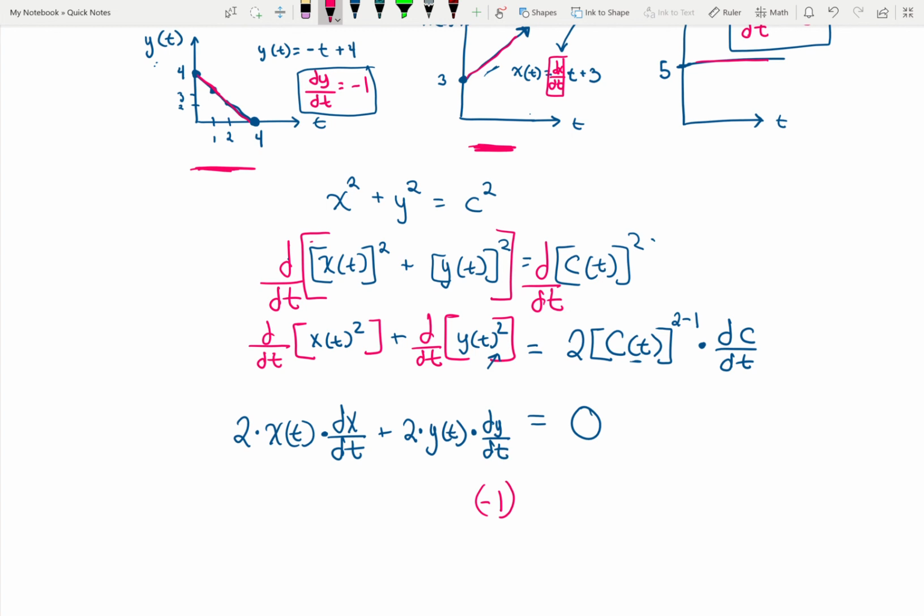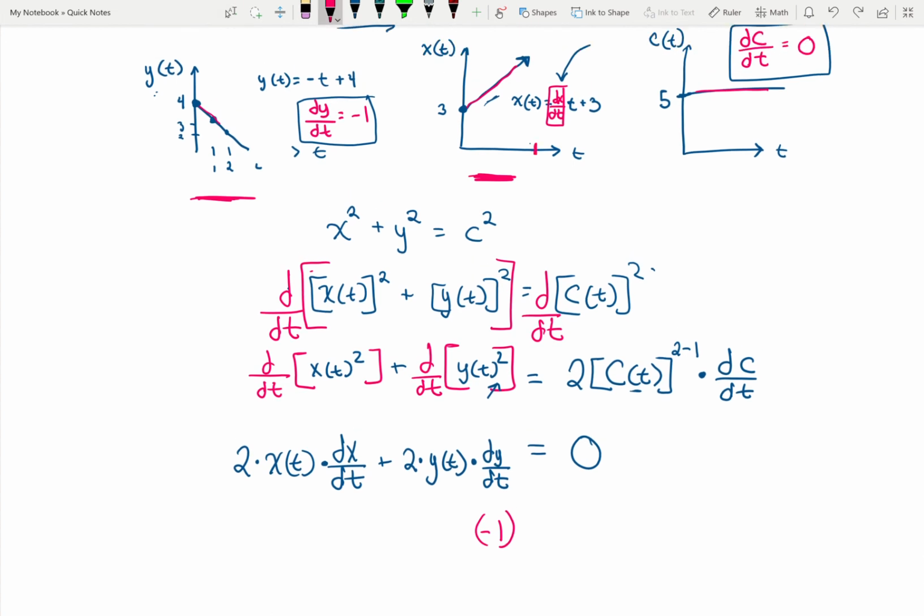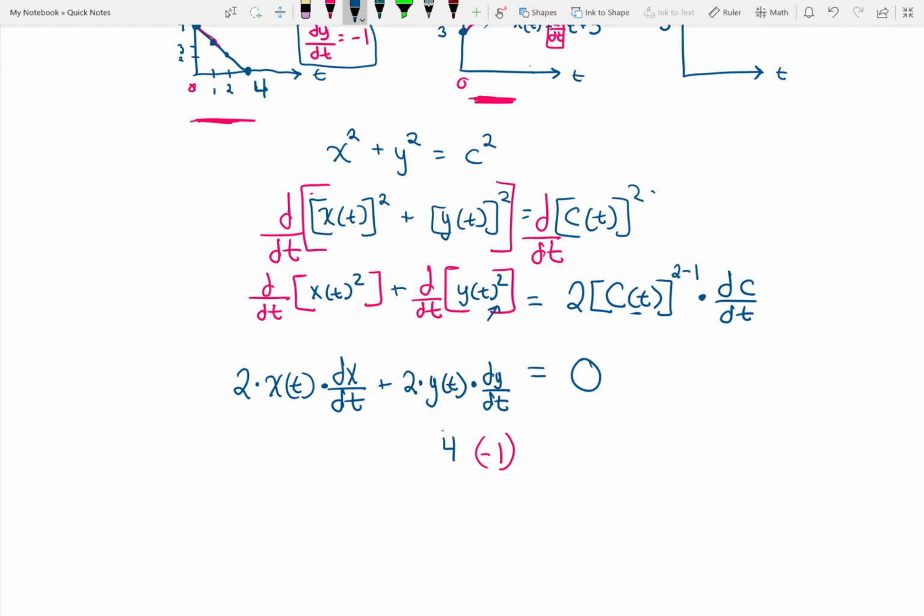So if I pick t equals 4 here, I gotta do t equals 4 also for my x graph right here. I don't know what's going on with this guy. Come back, I need you. All right. But we're gonna pick the easiest one, which is at time 0. At time 0, we know that y is equal to 4, and we know that at time 0, x is equal to 3.